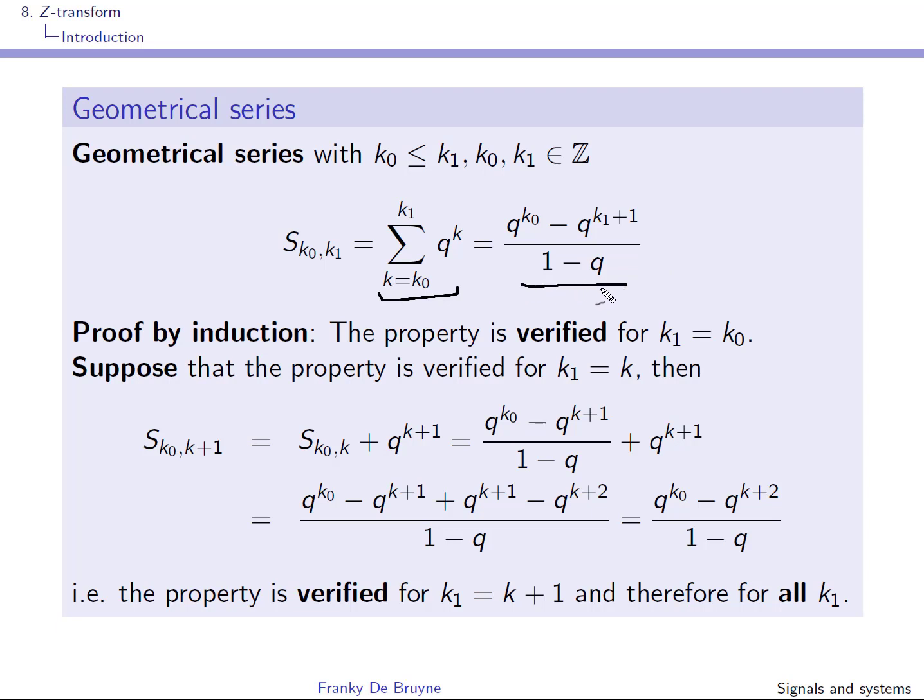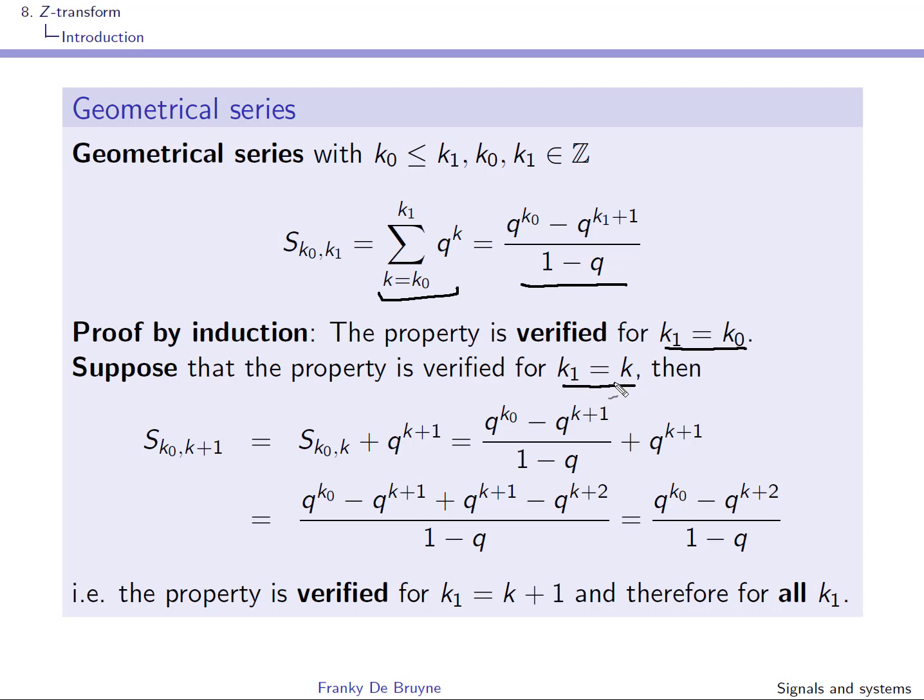So what we'll do is do a so-called proof by induction. So we'll see that this property is true for k1 is equal to k0, right? Then we'll assume that this sum is correct and that the property holds for k1 is equal to k, right?